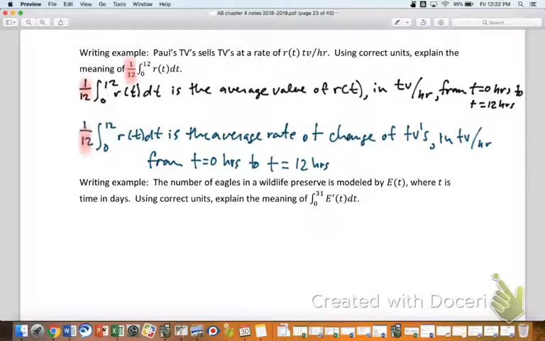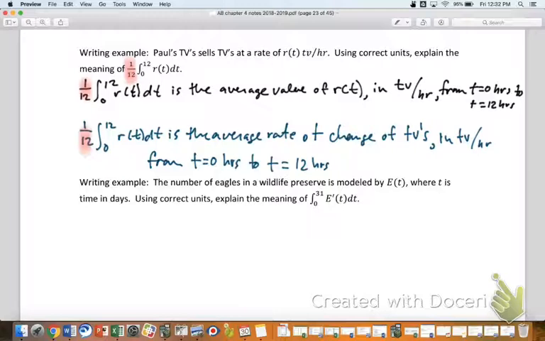If I have the integral from 0 to 12 of TVs per hour, makes sense? That's the units for r of t. And then there's the dt. What are the units on the dt? Hours, right? Isn't it a little tiny sliver of time? dt, tiny change in time.